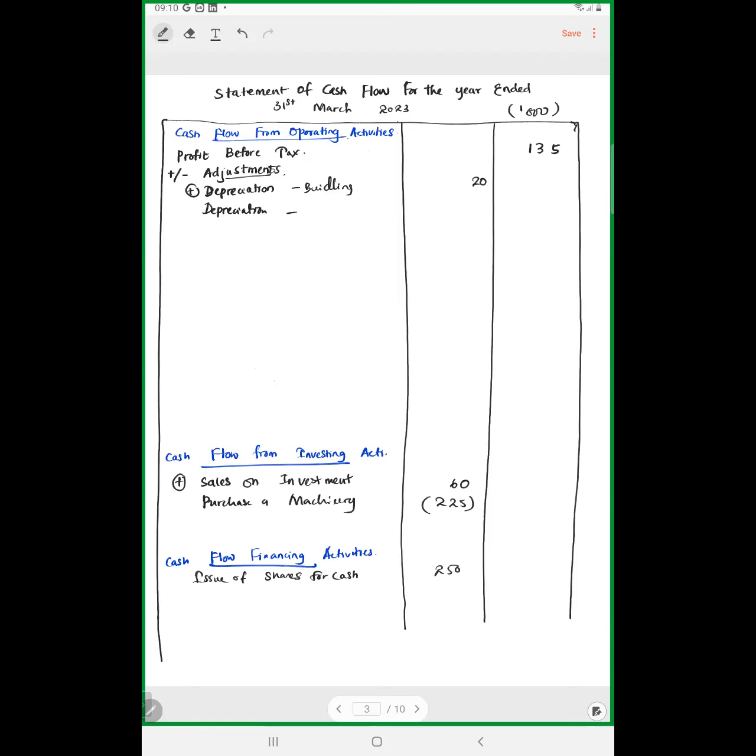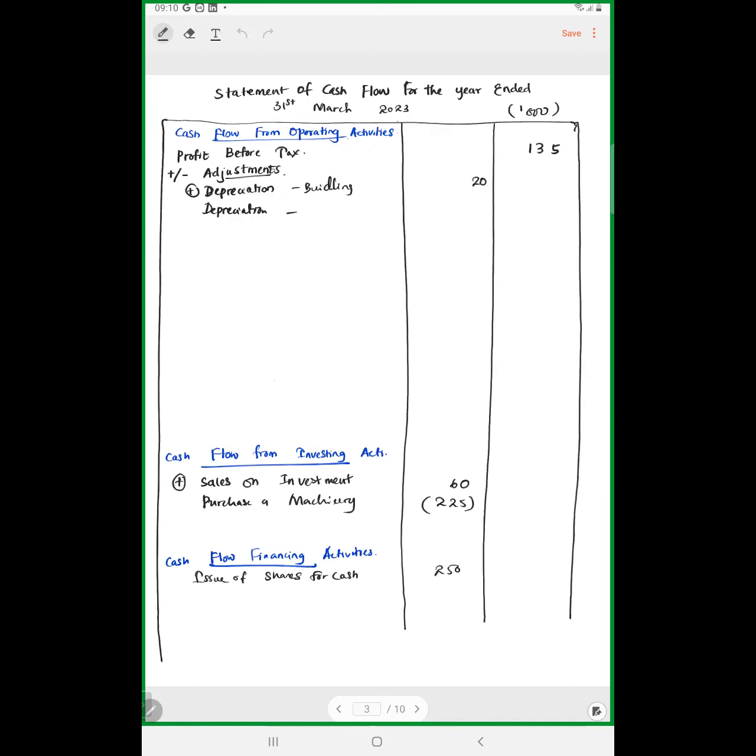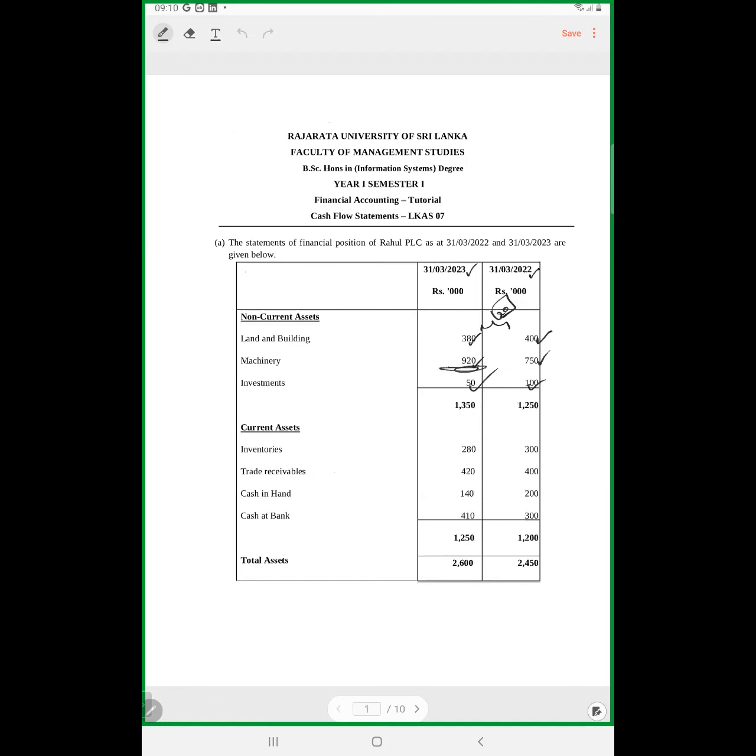How much? 55 machinery. Right? That's all. Ne? Then we can do other things.